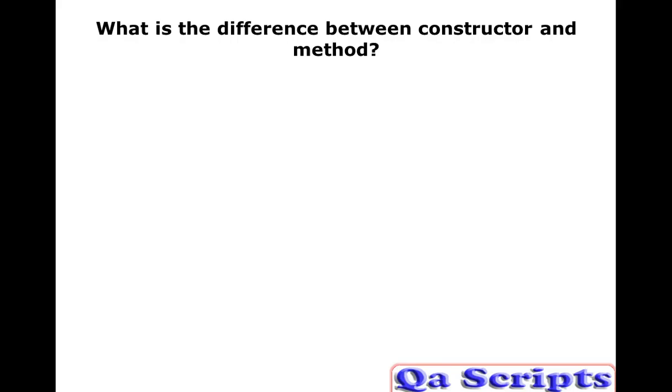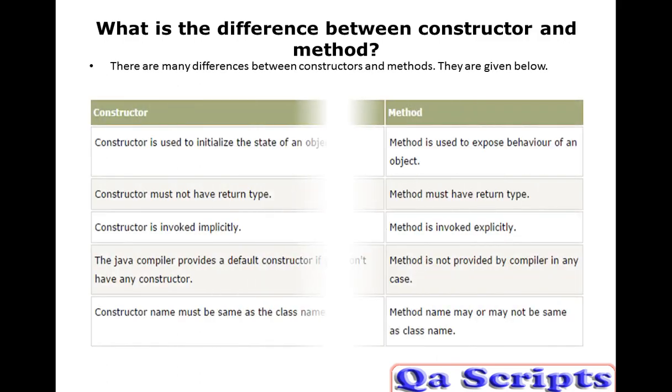What is the difference between a constructor and a method? Here is a simple table where I have given the difference between constructor and method. A constructor is used to initialize the state of an object, right? So here we are using a constructor to initialize an object, whereas a method is used to expose the behavior of an object.